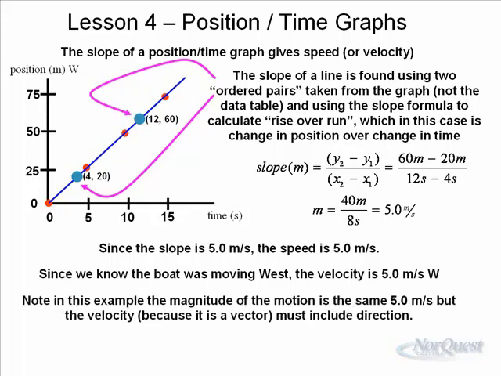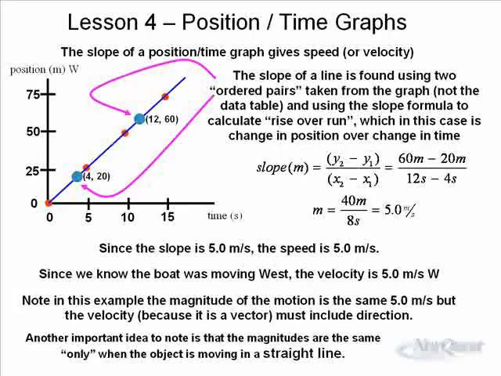Now in this example, the magnitudes of the speed and velocity are the same, but the velocity must also include direction. We have to understand that the only time the magnitudes are going to be the same is when the object is moving in a straight line.